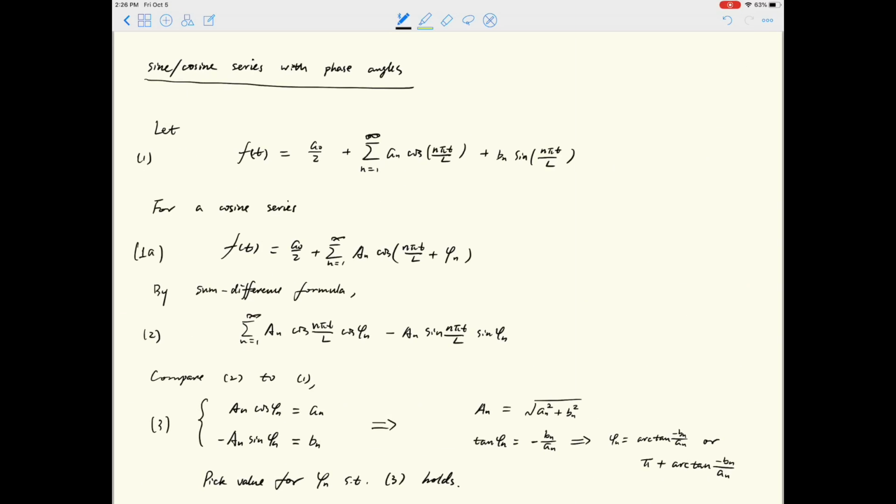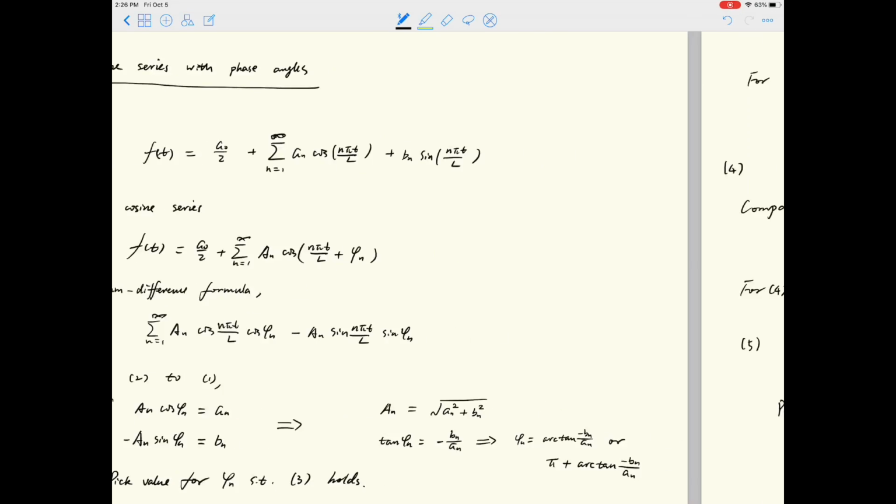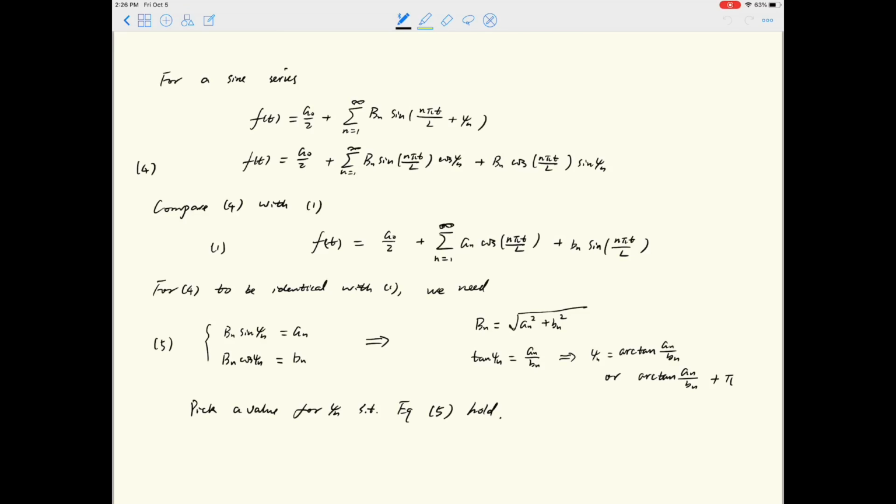Okay. Yes, I think for the cosine series it's correct. For the sine series, it is also correct.